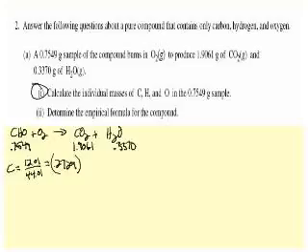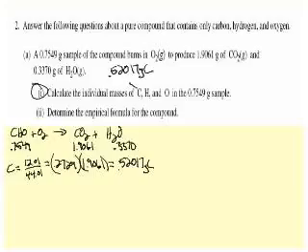I'm going to take that percentage times my mass of CO2, and this will give me my grams of carbon. 0.2729 times 1.9061 gives me 0.52017 grams of carbon. This is the individual mass of C.